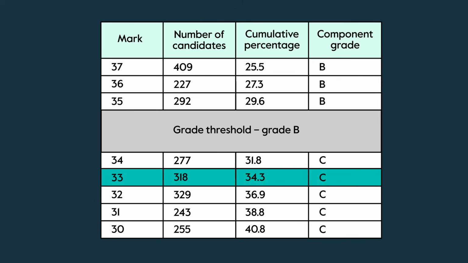This is component grade C. We give Sadia an assessed mark of 33. To work out Sadia's final grade, we use the marks from paper 1 and 2 to work out Sadia's overall syllabus mark. In this example, we award Sadia a syllabus grade B.